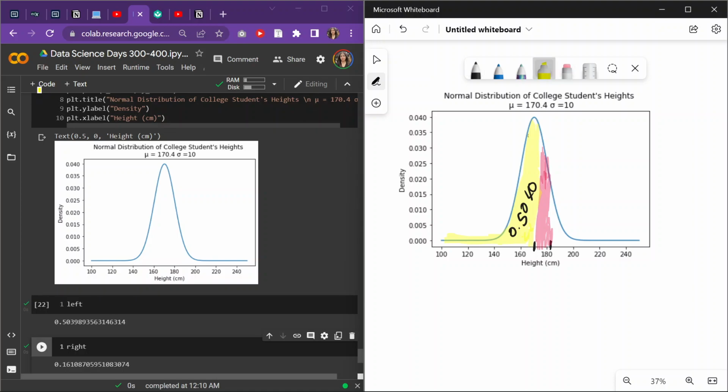And then the area to the right, that area ended up being 0.161, rounded.